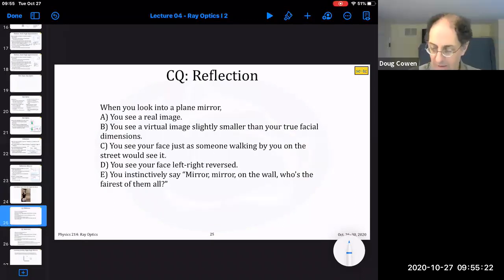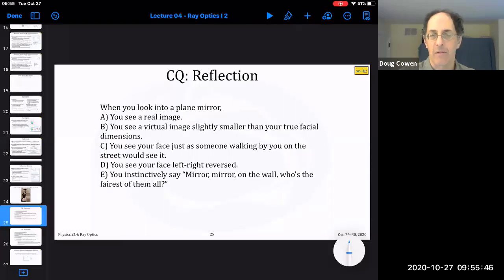So let me do this concept question here with you. This is a question about reflection. The question says, when you look into a plane mirror, what do you see? You see a real image. You see a virtual image slightly smaller than your true facial dimensions. You see your face just as someone walking by you on the street would see it.